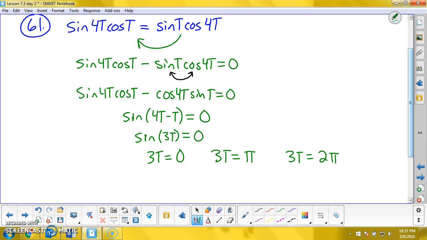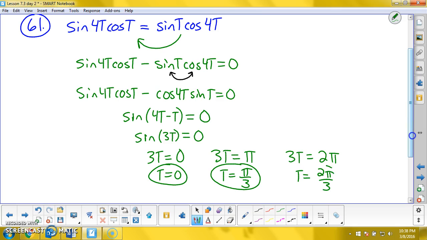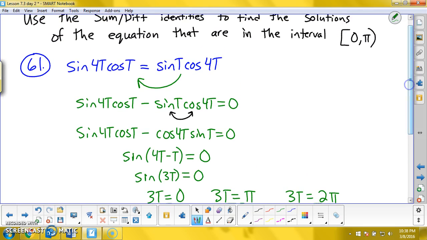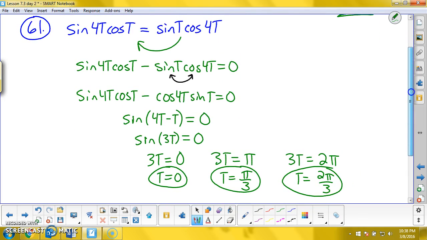Now, one more step: I divide by 3 in each of these equations, so t equals 0 is one of my answers. t equals pi over 3 is another answer, and t equals 2 pi over 3 is a third solution. All of these solutions are within the interval of 0 to pi, and I used a sum and difference identity to attain those angles.